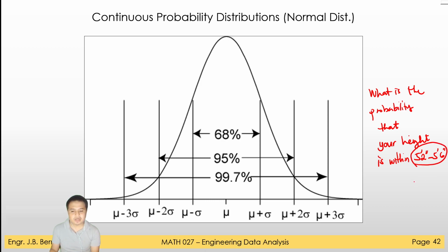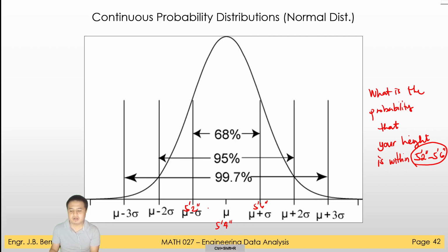So this is your range. Meaning 5 feet 2 inches to 5 feet 6 inches. If let's say your mean is, sorry, 4, should be 4, sorry.